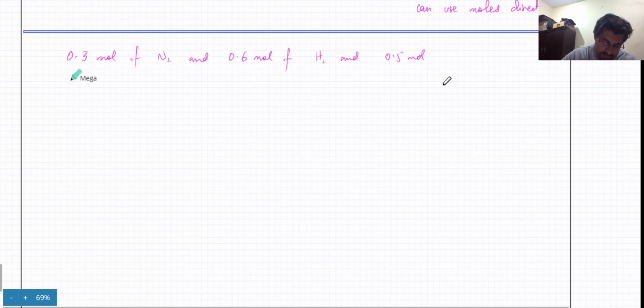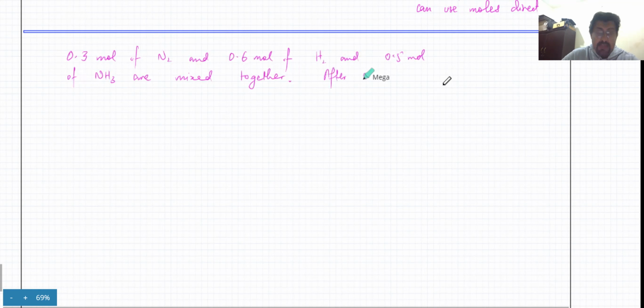Now, when they're mixed together, after several days, when equilibrium has been reached. Initially they're not at equilibrium. You just took a container and added a random amount of N2, H2 and NH3, and there's going to be forward and backward reaction.